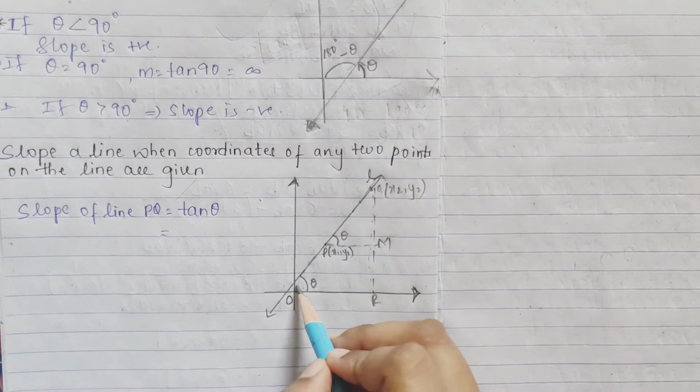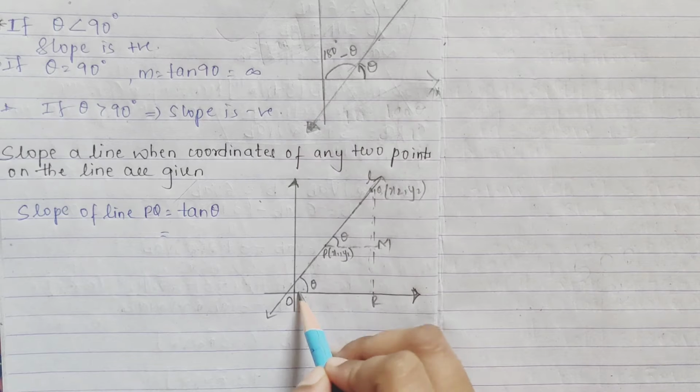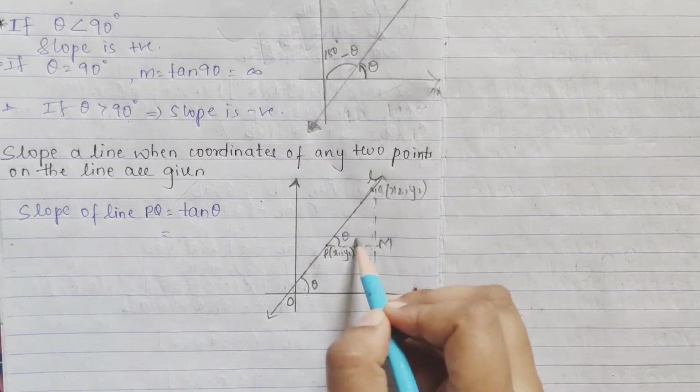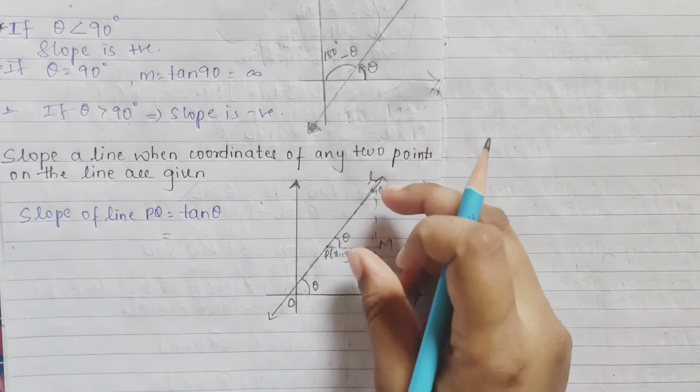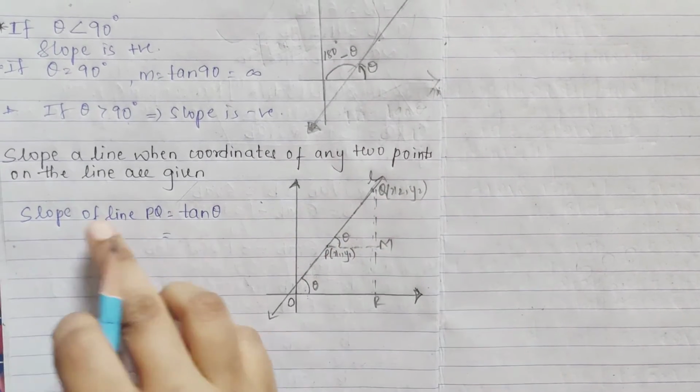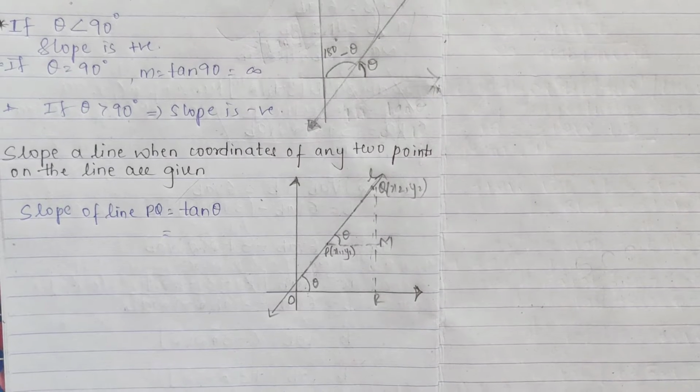So this also becomes the same slope of the line that we were finding for this theta. The slope of line PQ is equal to tan theta.